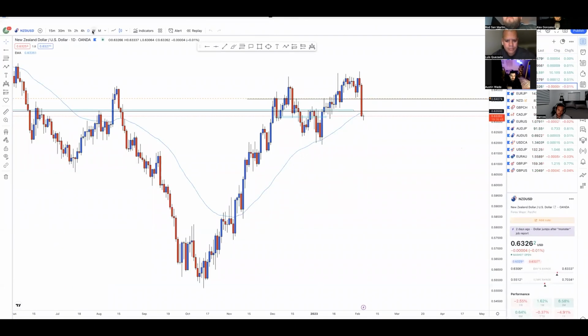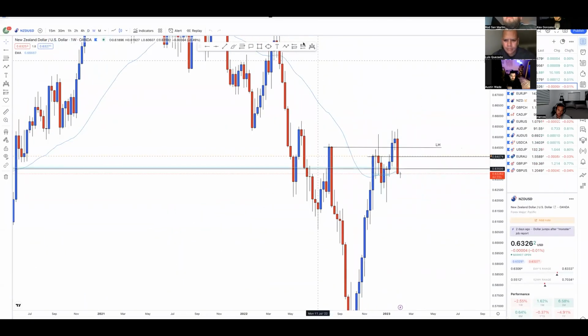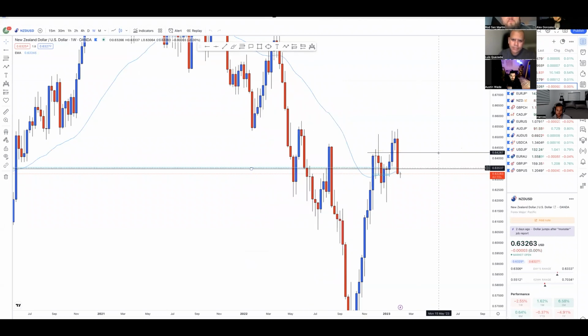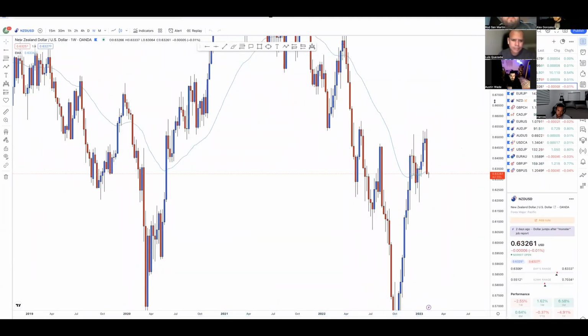If you notice, the weekly is bullish, so we're obviously at the level where we can potentially create the higher high. So let's take this off. Let's take that off. Extend this a little bit. Take that off.